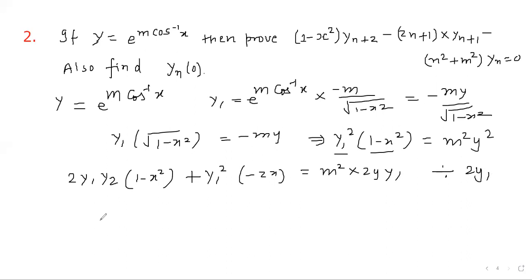So we will get 1 minus x square times y2 minus x y1 equal to m square y. Now we can apply Leibniz theorem to differentiate it n times. So let's proceed. So we have equation 1 minus x square y2 minus x y1 equal to m square y.